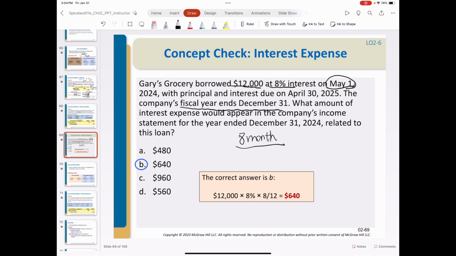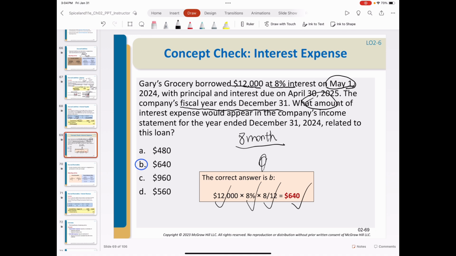So we should recognize the accrued liability or accrued interest expense on December 31st, the last day of the accounting cycle. First we should calculate the interest. We use the principal $12,000 multiplied by the annual interest rate and multiplied by 8/12.